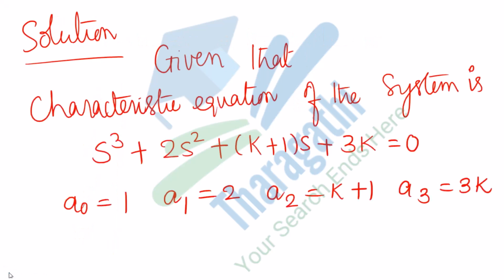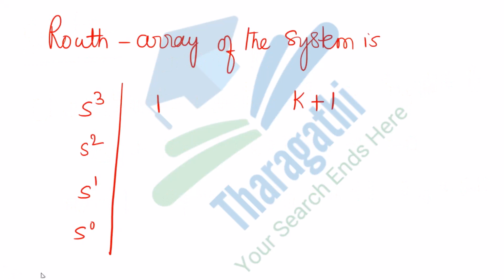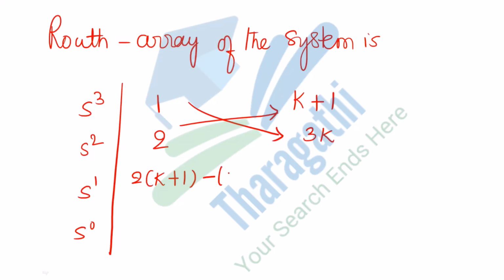Then the A1 value is 2, and the A3 value is 3k. Now you multiply 2 into (k plus 1), minus 3k into 1, divided by 2, and the last entry in this row will become 0.